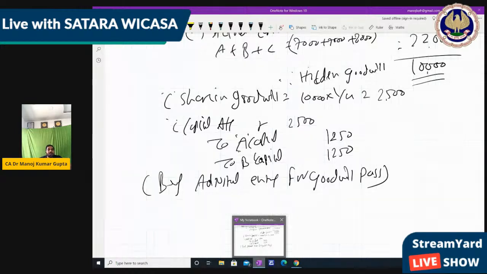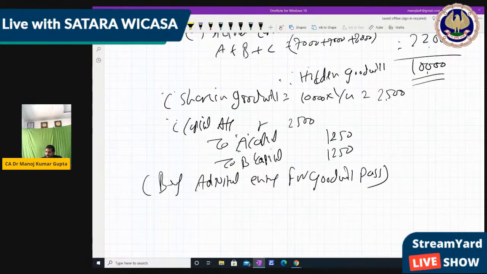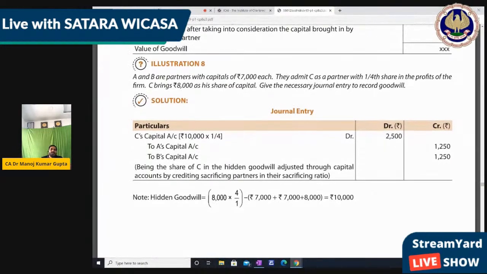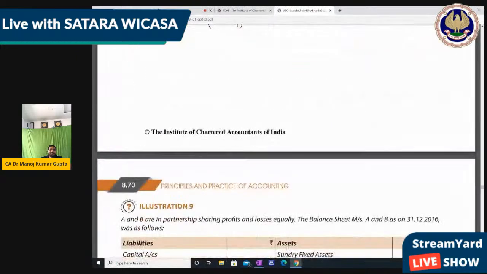We are assuming that the profit sharing ratio of A and B is equal. Let's see what they did. Yes, they did the same thing. C's goodwill share is 1/4 of 10,000. Is it clear? Okay, next question.